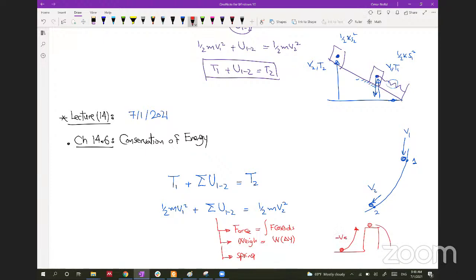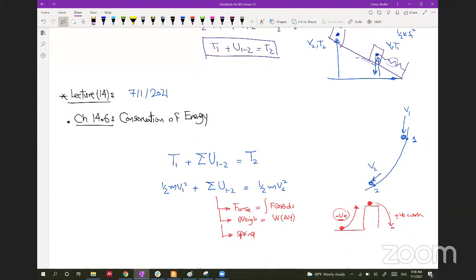If the weight comes down, it's a positive work, because the body doesn't need any work to be done to go down. But here you have to exert some work on this body to get it up there, so it takes a negative sign.